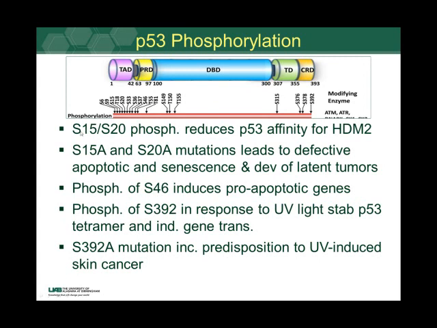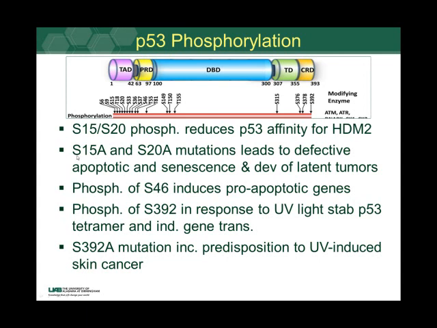Serine 15 and 20, when phosphorylated, reduce p53 affinity for HDM2. In other words, phosphorylation on serine 15 and serine 20 will reduce the affinity of p53 for HDM2, which means that it's going to free up p53 to serve its role of increasing transcription of substrate genes.